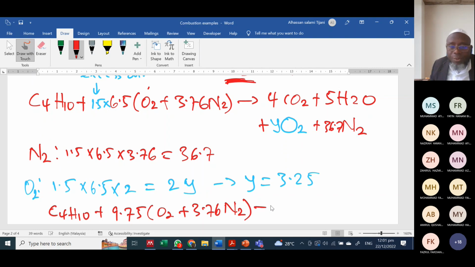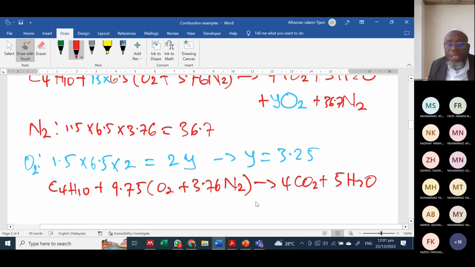And then the product side will repeat the same thing: carbon dioxide, CO2, plus 5 molecules of water, H2O.